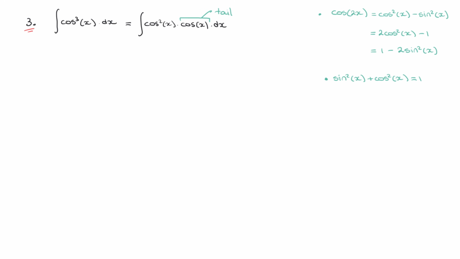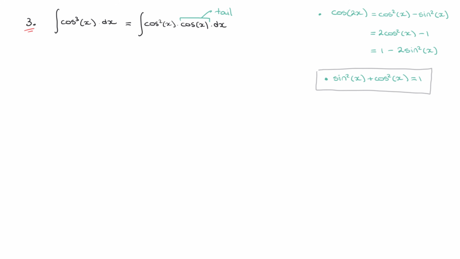And to do that, we'll make use of the Pythagorean identity we have here. Indeed, using this result, we can go ahead and rewrite this cosine squared of x in terms of sine squared of x. And as you no doubt know, all we have to do here is make cosine squared of x the subject in this result.